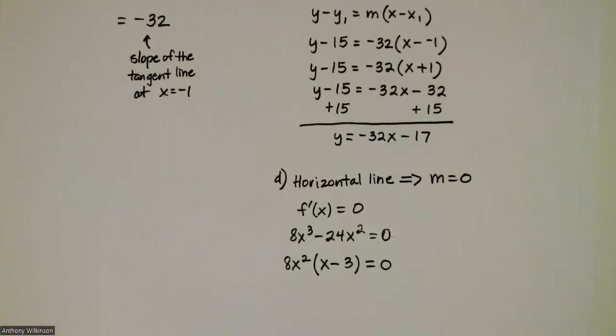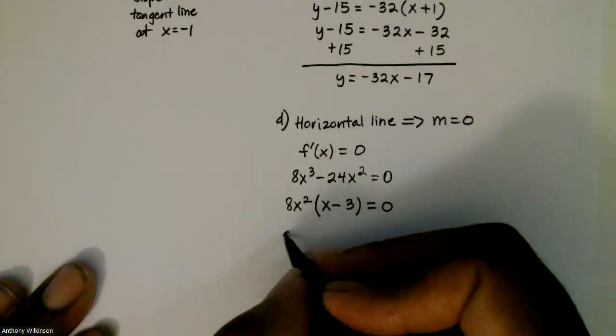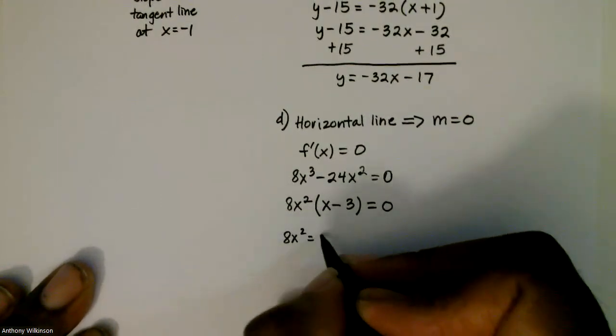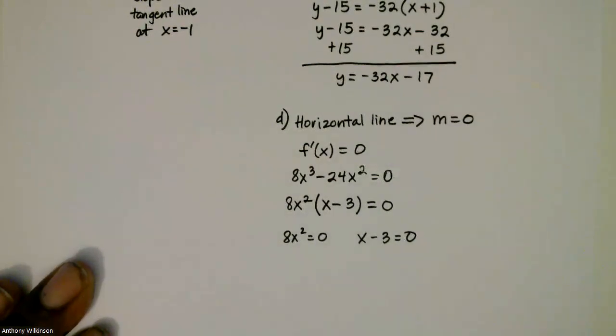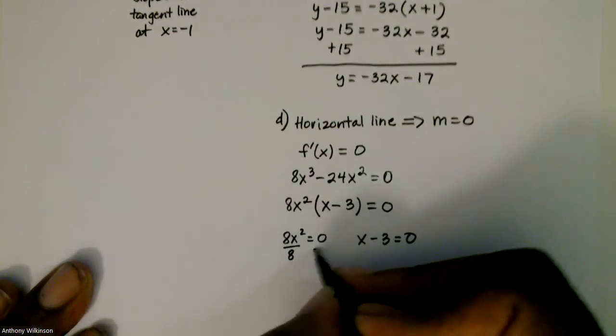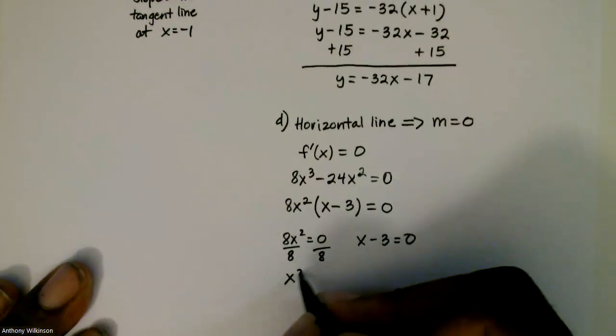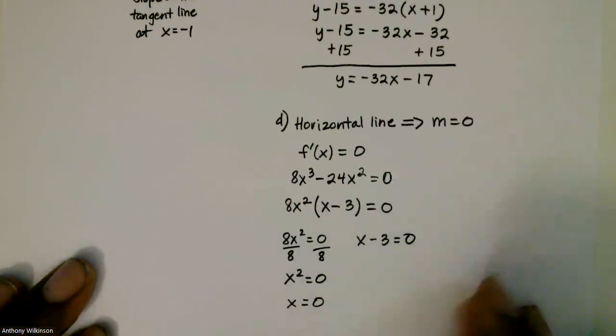Then we set each factor equal to 0 and solve for x. So this means 8x squared is equal to 0. x minus 3 is equal to 0. Well, for 8x squared equal to 0, if I divide by 8, that will be x squared is equal to 0. The only number squared that would give me 0 is 0.